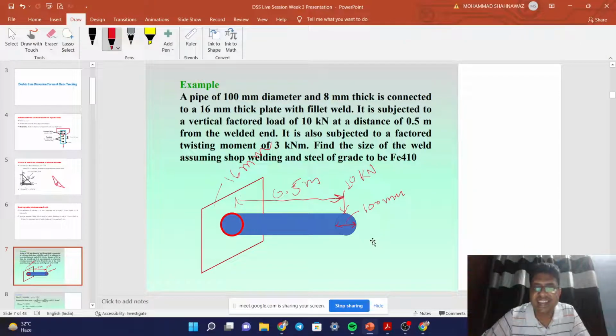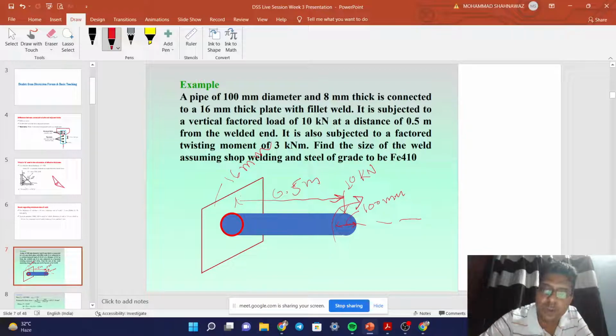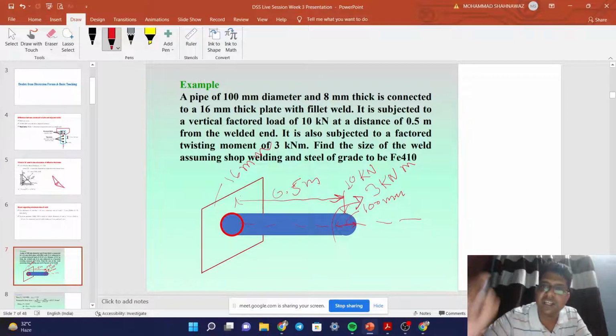Now you can see that it is also subjected to a factored twisting moment of 3 kilonewton meter. So we are going to apply a twisting moment which will act about this longitudinal axis, and its value is 3 kilonewton meter.